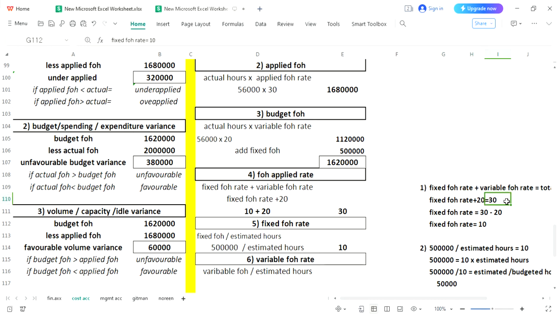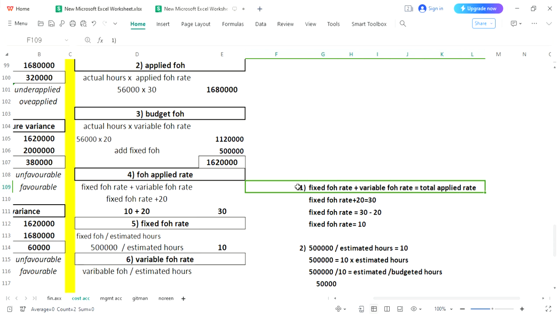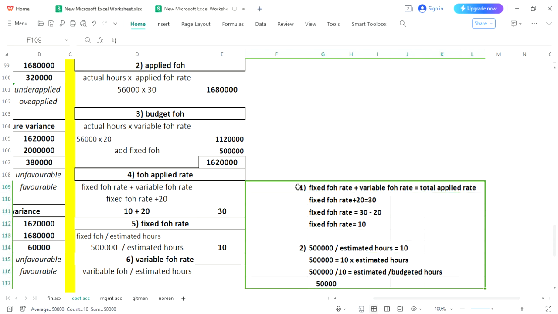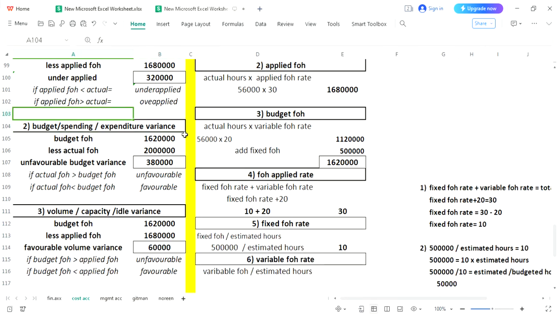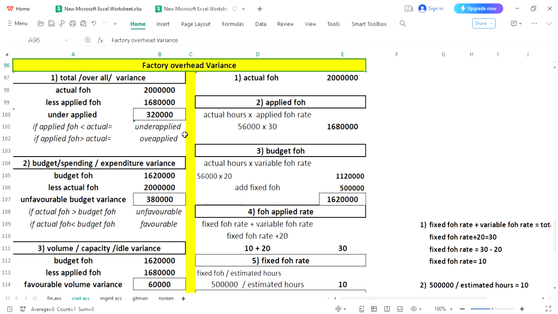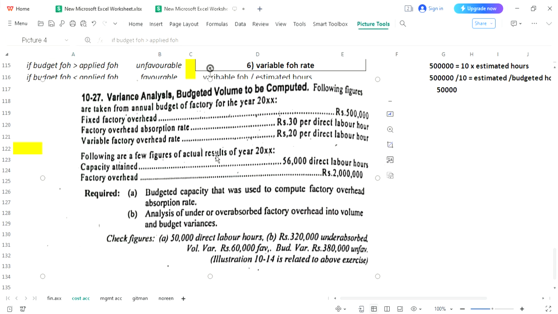Please focus upon these understandings which we have performed over here. These were two twists with which you have calculated your fixed FH rate and estimated hours. Remaining almost everything was under our practice. We have written the format and just put the amount. I'm very hopeful that you have understood the theme, you have understood the question as well.